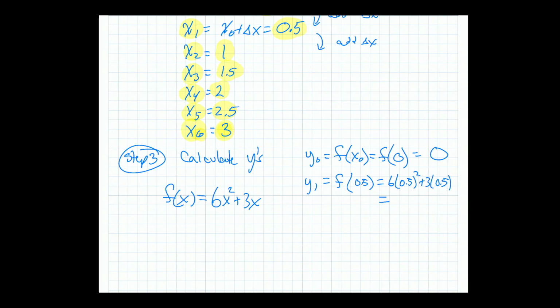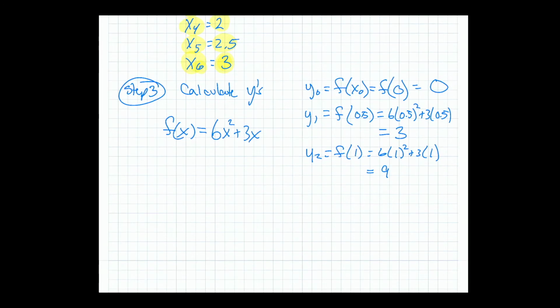So you have to calculate that. Grab a calculator or something. Y2 is going to be f of 1, which is 6 times 1 squared plus 3 times 1. That's going to be 9. Y3 is going to be f of 1.5, so 6 times 1.5 squared plus 3 times 1.5.